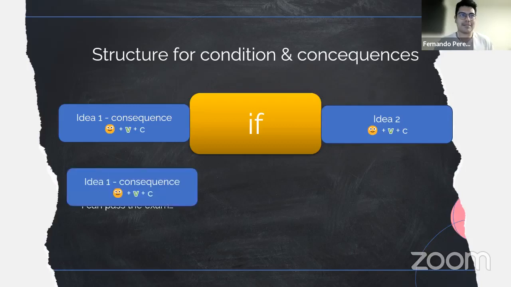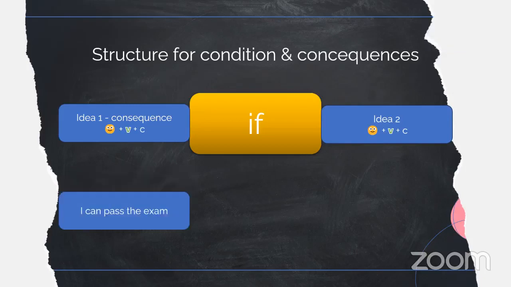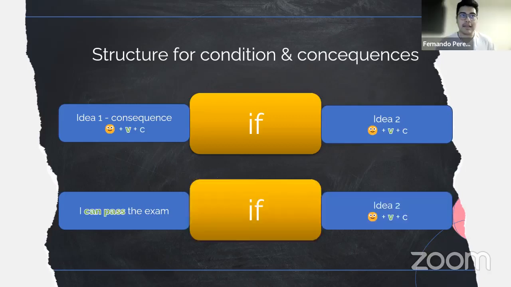What do you think is a consequence of passing the exam? If I don't study? If I don't study, negative, but can is positive. If I study? If I study, yes, that's correct. If I study, I can pass the exam. That example is totally correct. The condition that I need is study.